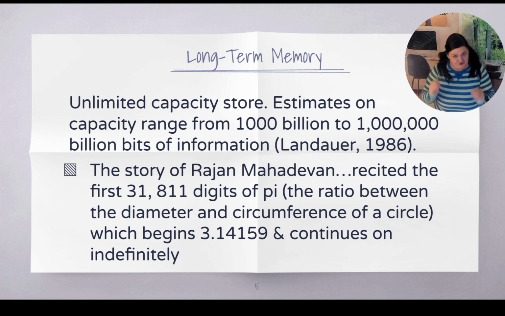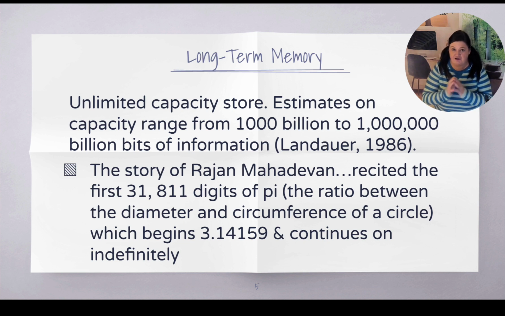This is much different from our short-term or working memory, our lucky number 7 memory. Lucky number 7 is the amount of information that we can store in our brain at any given time, plus or minus 1 or 2. Our long-term memory has no capacity limit. It is unlimited.